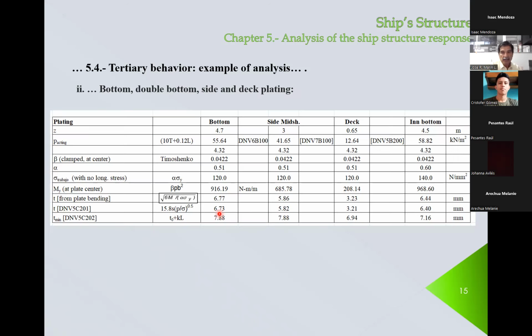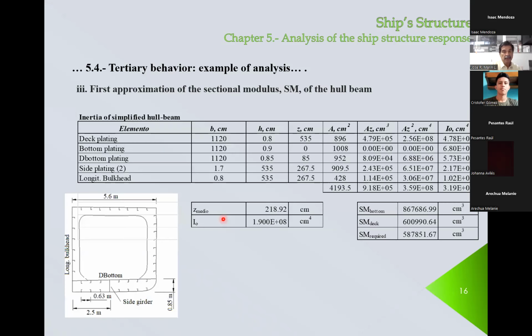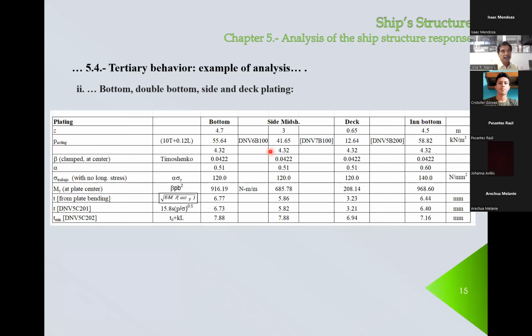So I was mentioning 7.88. That's for the thickness in the bottom. And in the bottom, they finally put, this number is taken from the plan, 9 millimeters. So they have added just a little bit, about 1 millimeter.